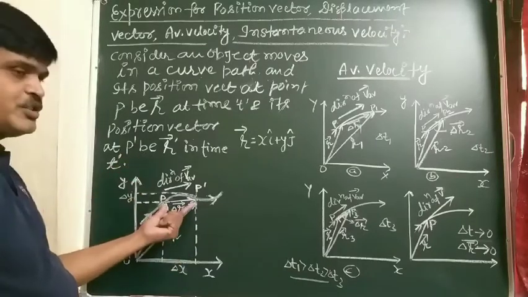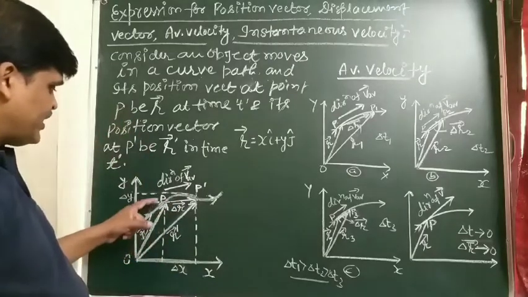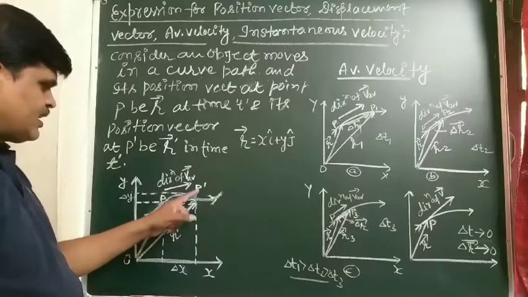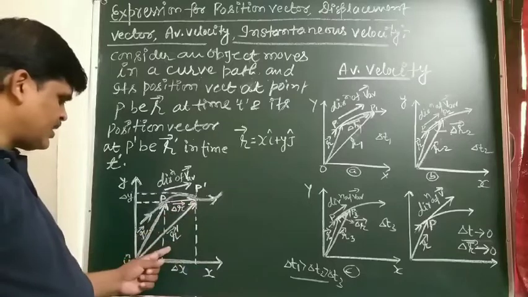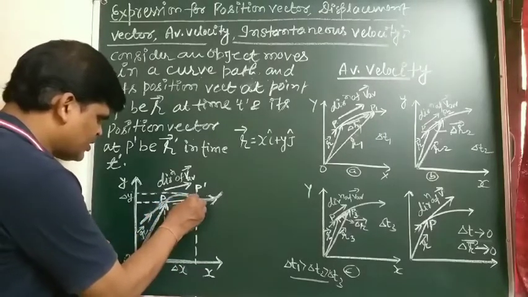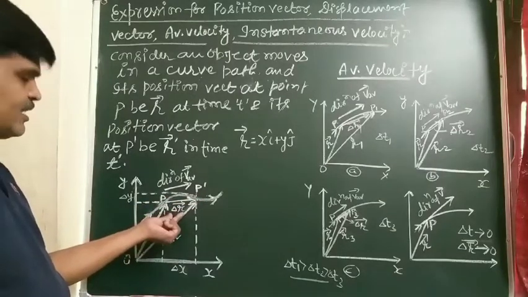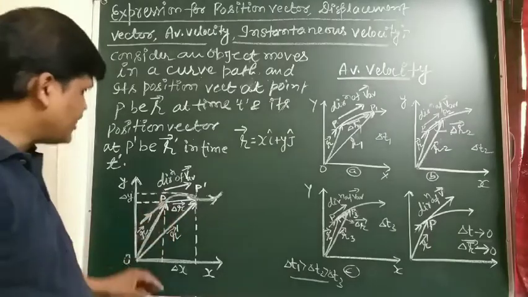So what is the displacement vector? At time t, the position vector of the object is r vector, and at time t dash, the position vector of the object is r dash vector. So the displacement vector is delta r, and it can be obtained by using the triangle method.